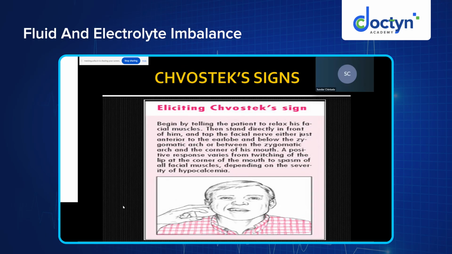A positive response, if you tap this, is twitching of the lip at the corner of the mouth, as elicited in the image. That is due to spasm of the facial muscles because of the hypocalcemia, and that is a positive Chvostek sign.